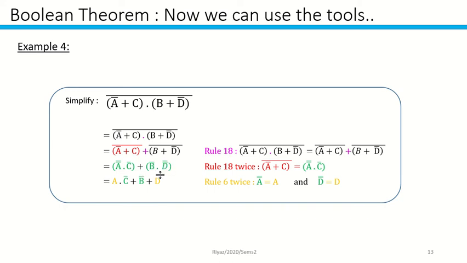Then you use rule number 6 twice: a double bar is a, and d double bar is d. That's why you get the final answer of a dot c bar plus b bar dot d.